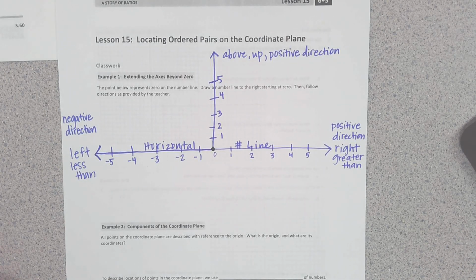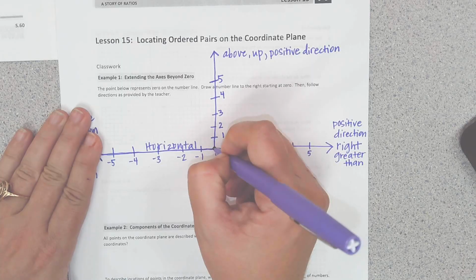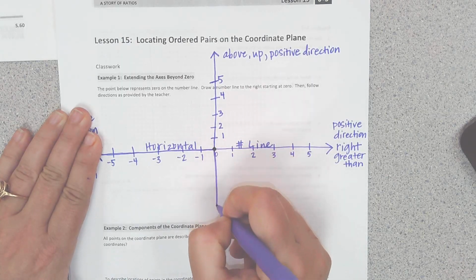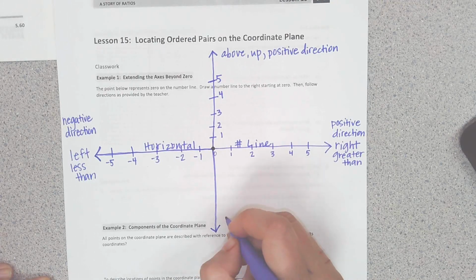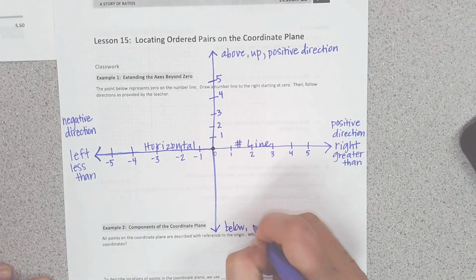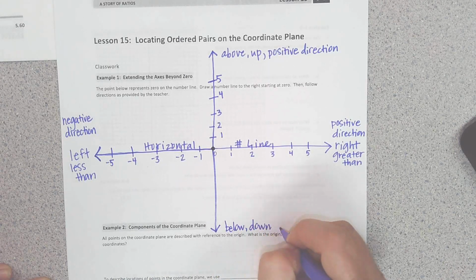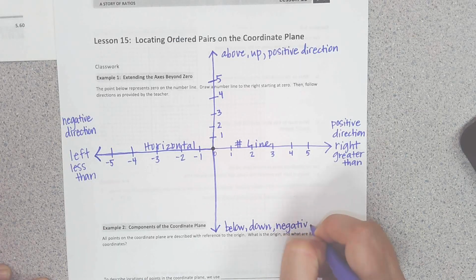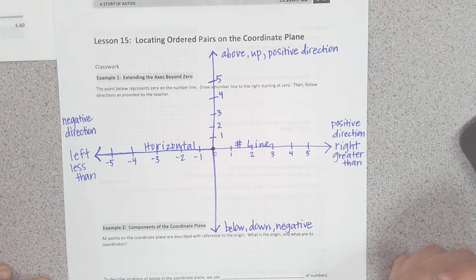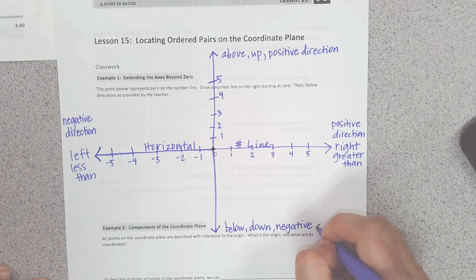And if I go above 0, I'm also going to go below to extend out my vertical number line. And we can say below, we could say down, but again this is a negative direction. So that means we're going to have negative numbers, negative integers, even negative rational numbers.